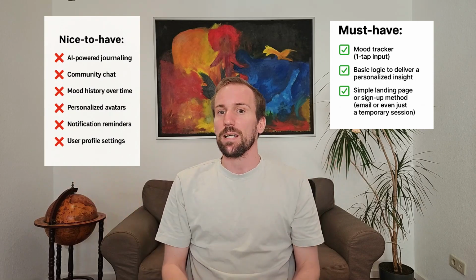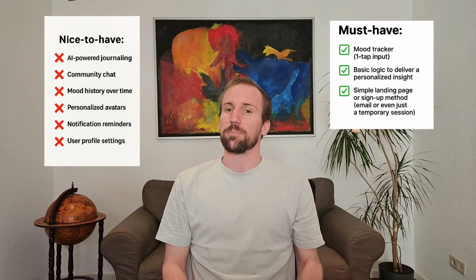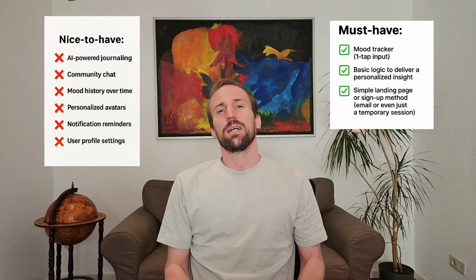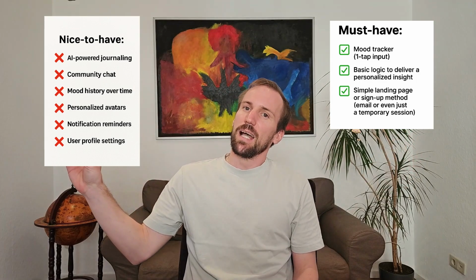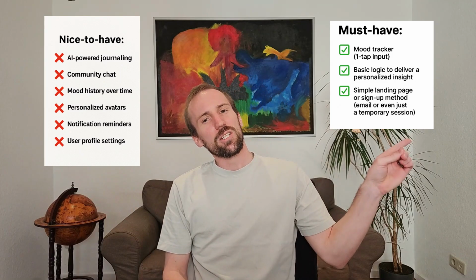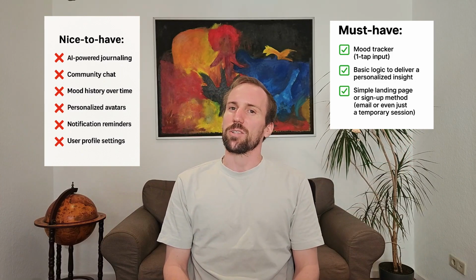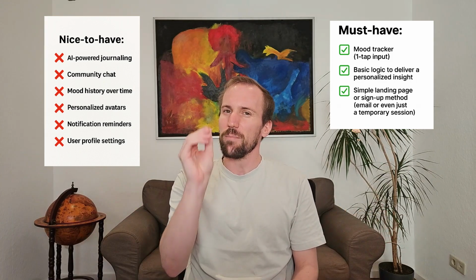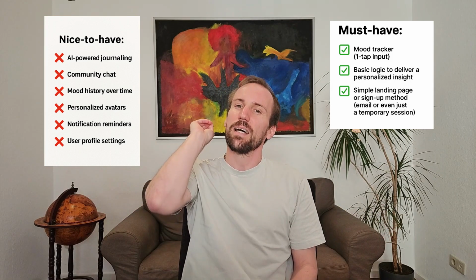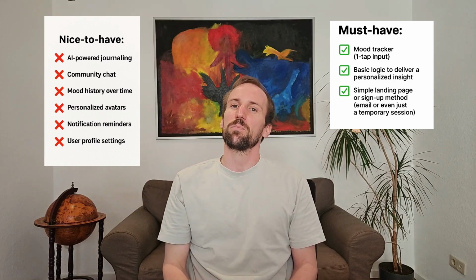Nice to haves: AI powered journaling, community chat, mood history over time, personalized avatars, notification reminders, and user profile settings. All good ideas, but none of them are required to test whether the core journey provides value.